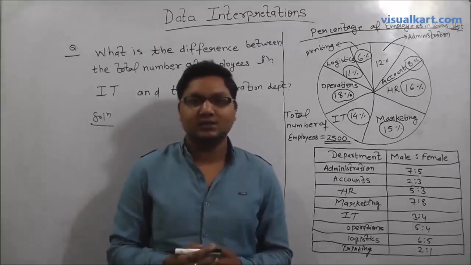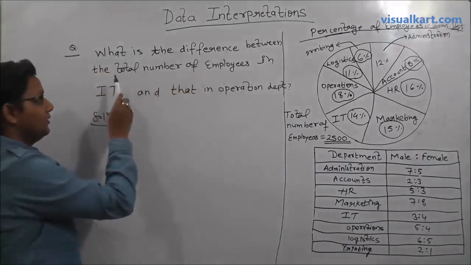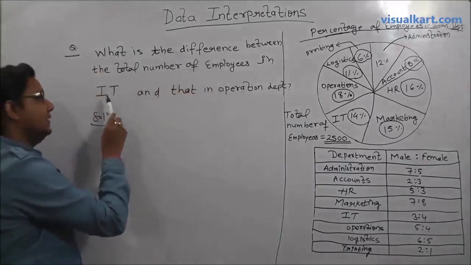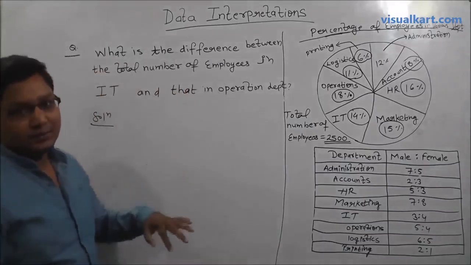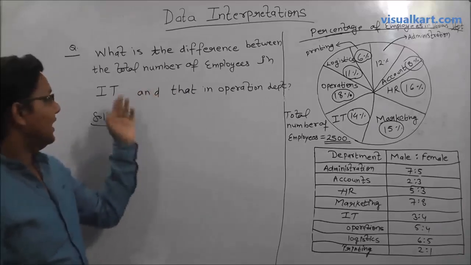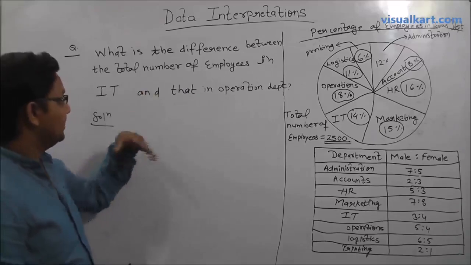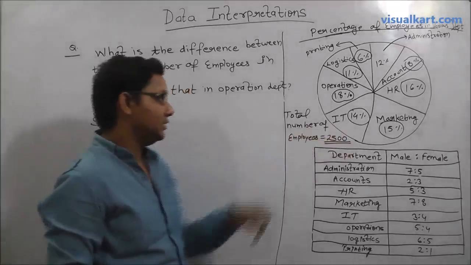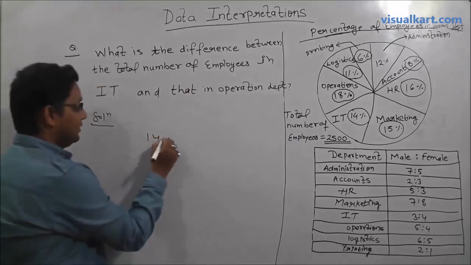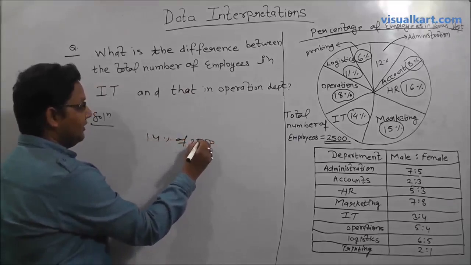So friends, let us see our next question, that is, what is the difference between the total number of employees in IT and that in the operation department? So we have to find the difference between the number of employees in IT and that of the operation department. First see what is the percentage of employees in both the departments. In IT we can see that is 14%, so 14% of 2500 will give the number of employees in the IT department.